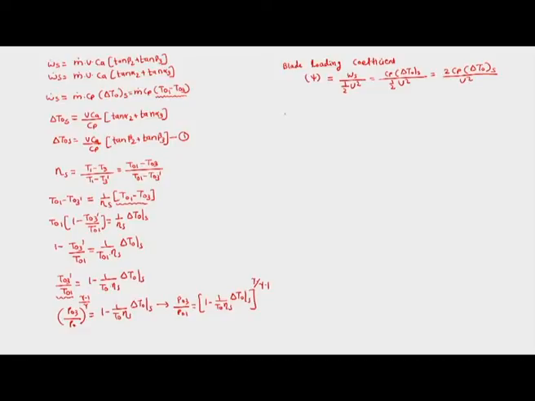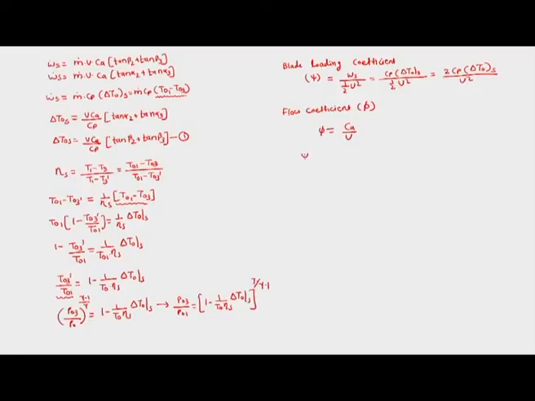Similarly, there is another constant which is called the flow coefficient, and it is termed as phi, and phi is equal to Ca by u. So Ca by u is equal to phi.